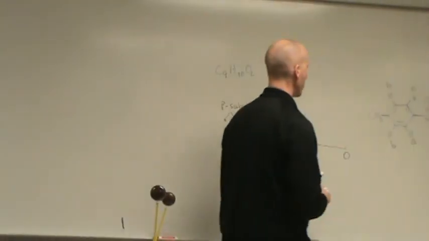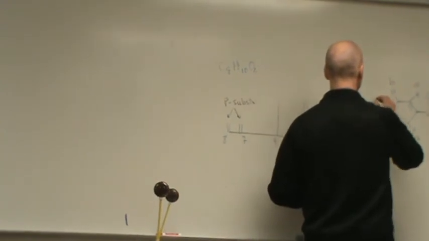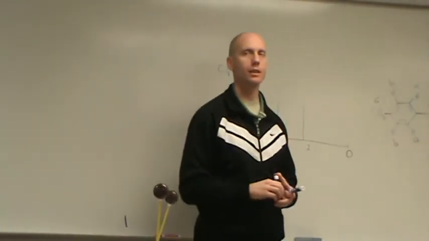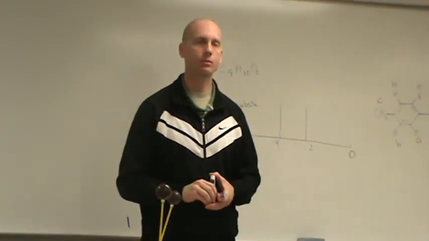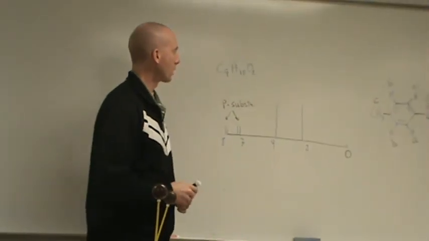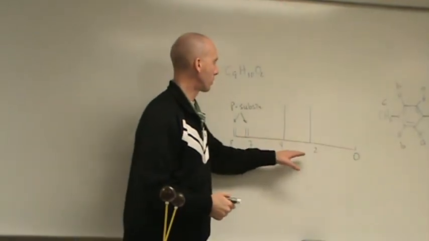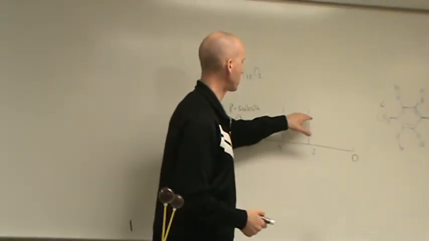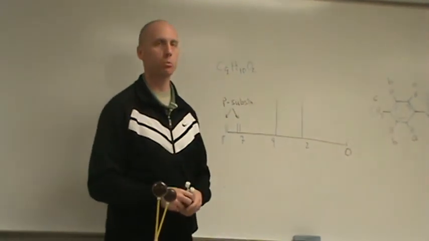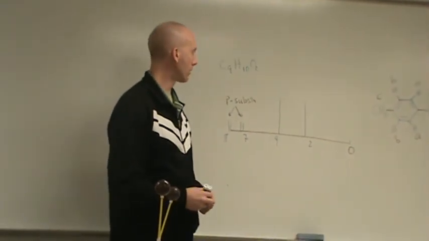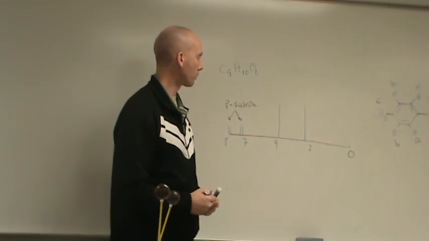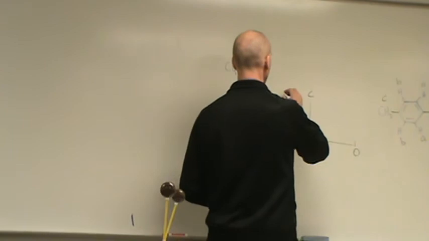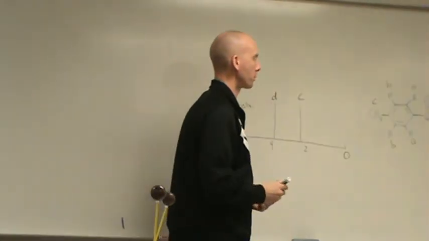So I could label these maybe C and D. Okay? Which of these 2, let's start with C. Which of these 2 do you think C will be? It'll be the one near 2. And D will be more downfield.